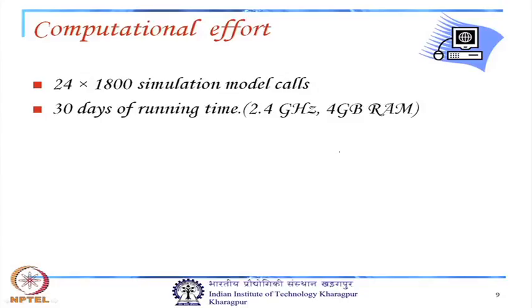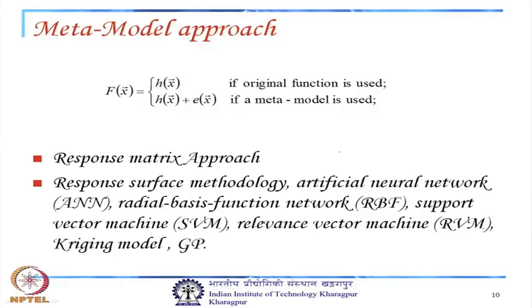So, it took around 24 into 800 simulations, and it took 30 days of running time. So, the problem is that running time is a problem for linked simulation optimization. So, what can we do?